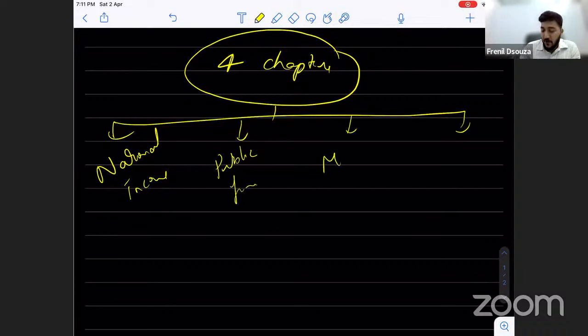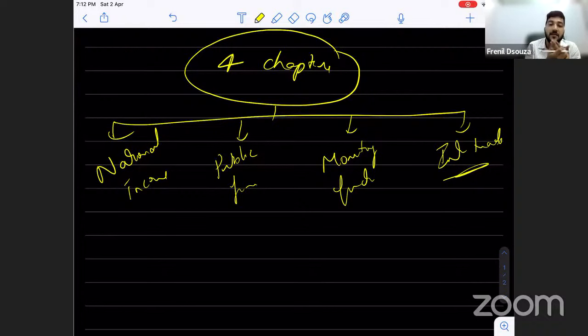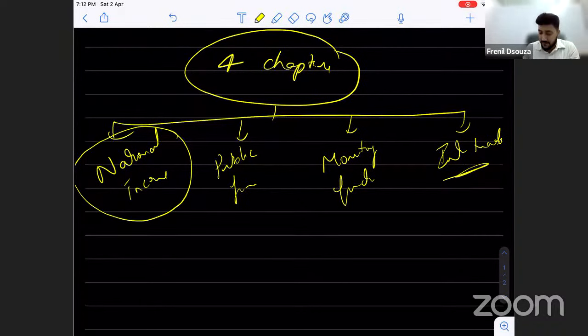And we have monetary policy or monetary functions that we are going to learn in the 3rd chapter, and mostly about international trade that we are going to learn in the 4th chapter, right? There are 4 different chapters, and probably we have kept a target of 4 to 5 days to complete this revision. And today we'll be covering the 1st chapter, that is national income accounting.